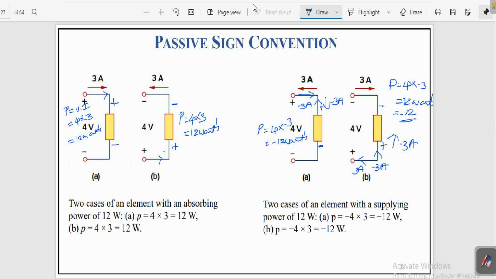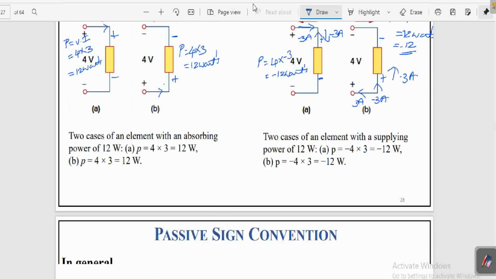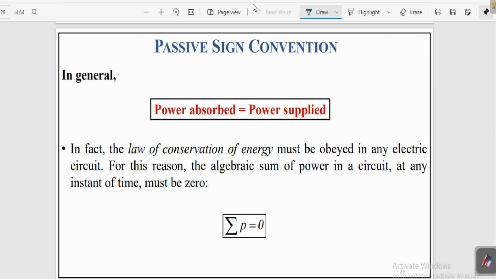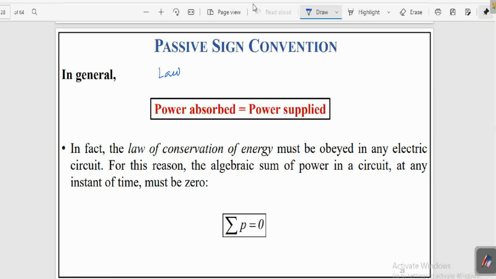So here we have taken 2 examples for absorbing power and 2 examples for delivering power by obeying passive sign convention. We will take some more examples also. In the passive sign convention, in general, according to the law of conservation of energy, power absorbed is equal to power supplied.